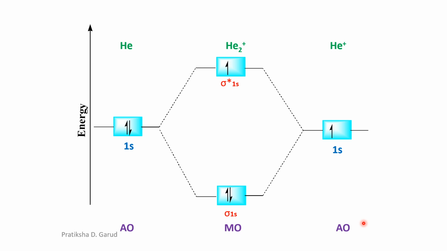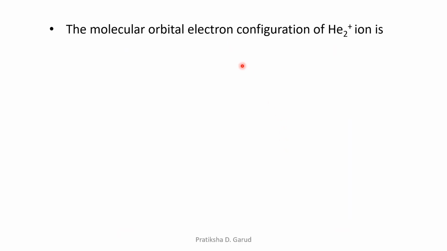So what will be the electronic configuration? It is sigma 1s2, as there are 2 electrons, and a single electron in antibonding, therefore sigma asterisk 1s1. So the molecular orbital electronic configuration of the He2 plus ion is sigma 1s2, sigma asterisk 1s1.